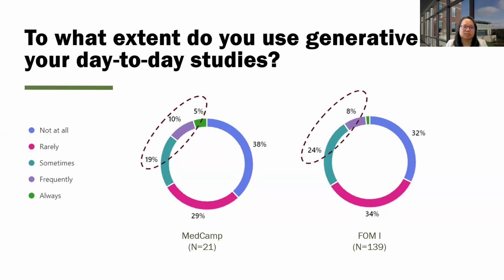So one of the things I wanted to focus on is, even though most students do not use it almost equally in both MedCamp and during our M1 matriculants, there were still a small number who actually did use or are familiar with using generative AI.